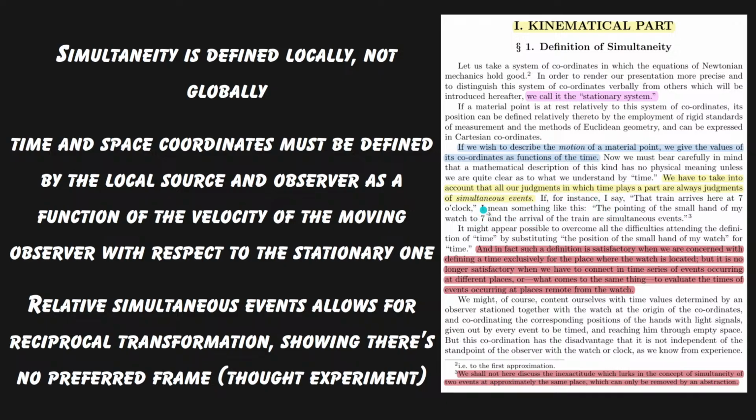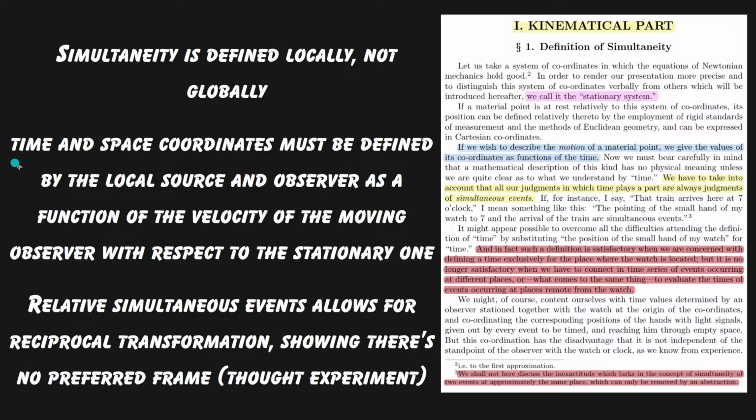That 7 o'clock reference doesn't mean anything to an observer who isn't in the same time zone as Einstein. So, in other words, time has to be locally defined. And he goes on to say that we have to throw away the concept of simultaneity applying in both frames, essentially. And again, with the reciprocity, you would have to have the simultaneous event not occur in one frame so that it can occur in the other. So that when you do the transform, you could show the inverse, where the outcome would be it was simultaneous in the moving frame versus not simultaneous in the stationary frame, which I know sounds antithetical, but that's what the whole premise is built upon here.